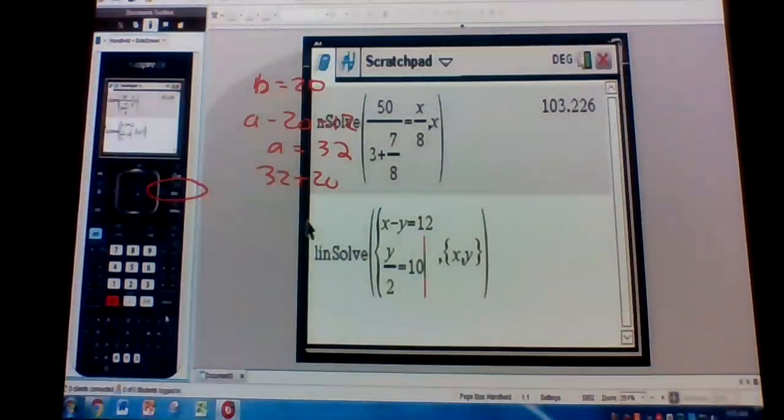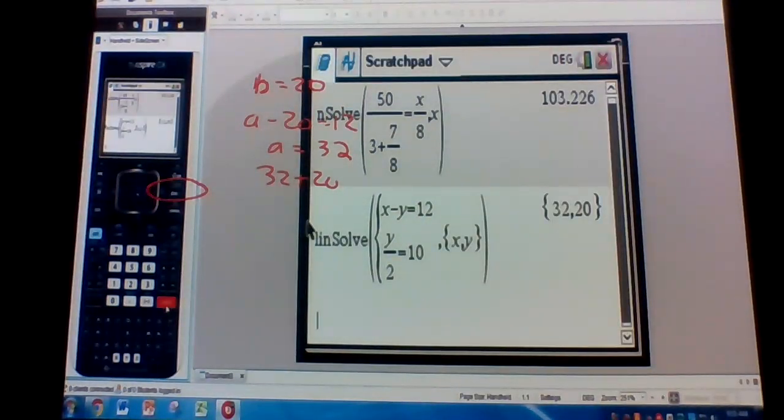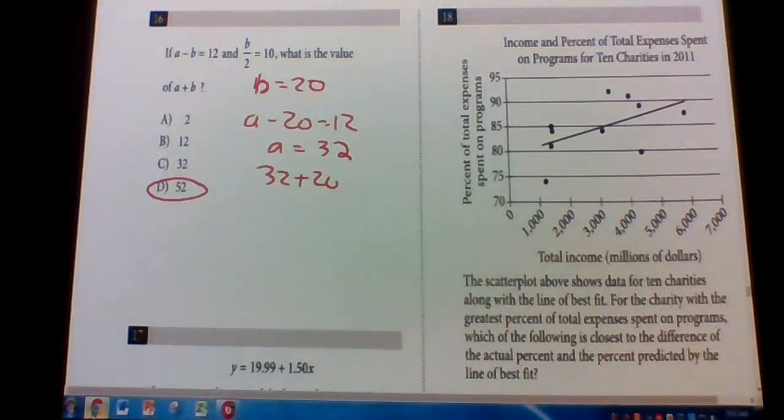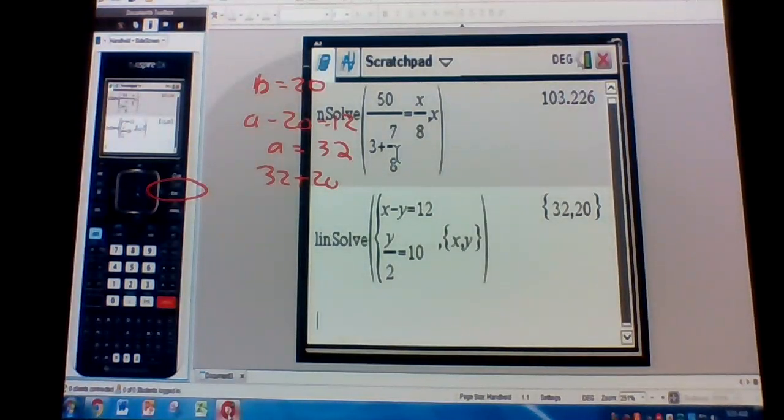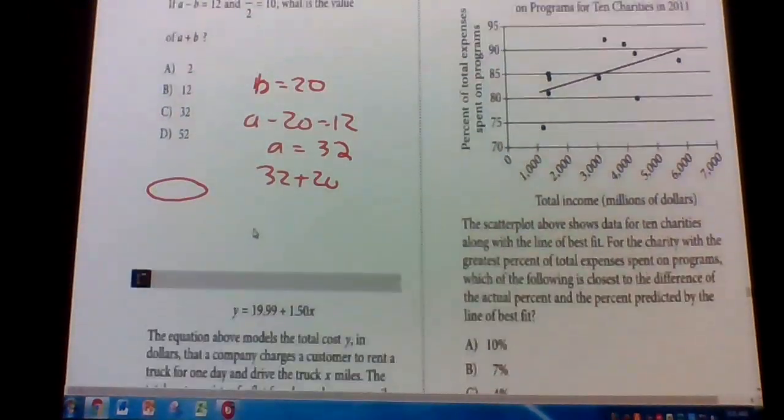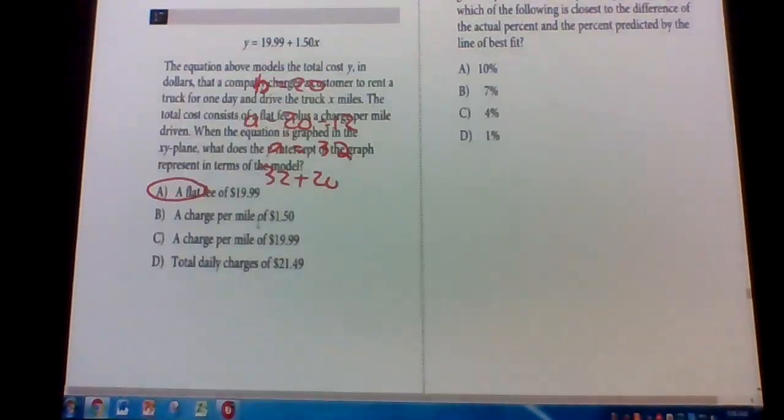Yep. And I'm going to hit enter. 32 and 20, and then you do 32 plus 20, which is 52. Okay, so either way you pick them. Okay. 17. Those, 16 is D, yep, 17.